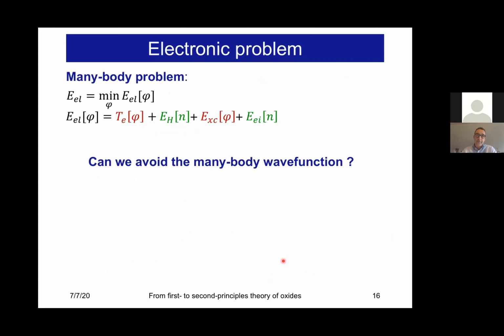Okay, so if I want now to recast my problem here, I see that at the many-body level, if I want to access the ground state energy of my system, I need to minimize an energy functional over all possible many-body wave functions. And this energy functional is made of different terms: a kinetic energy, an R3 energy, an exchange correlation energy, an energy of interaction with the nuclei.